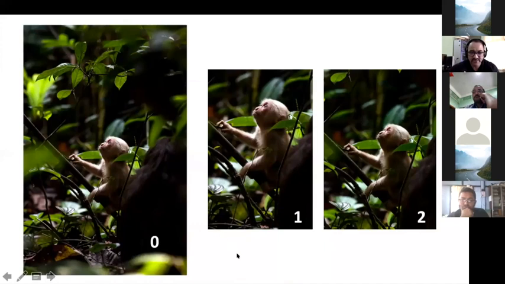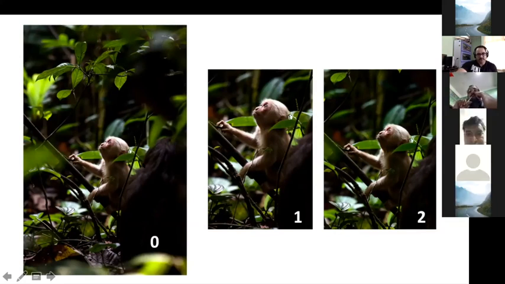Now there are three situations. This is the uncropped frame, and these are two possible crops, 0, 1, 2. I had to crop this image because there is a lot of clutter and a lot of unwanted elements.